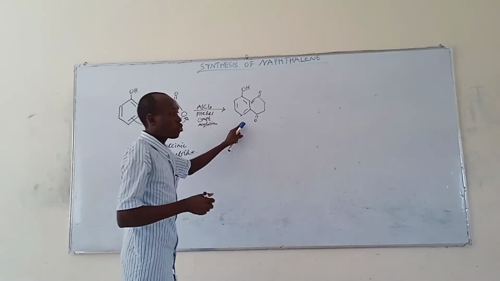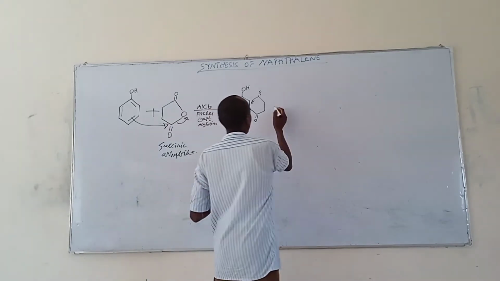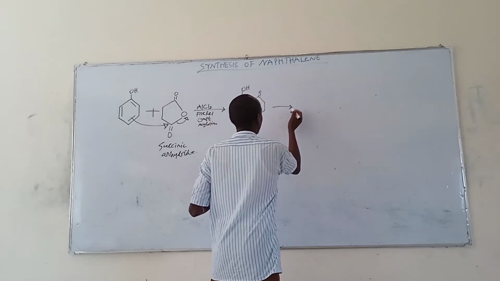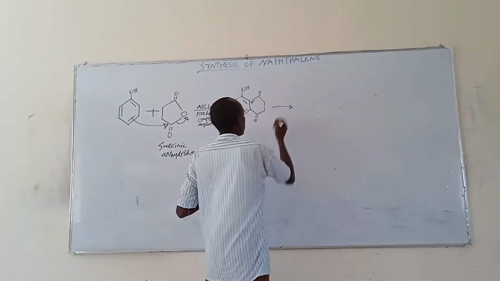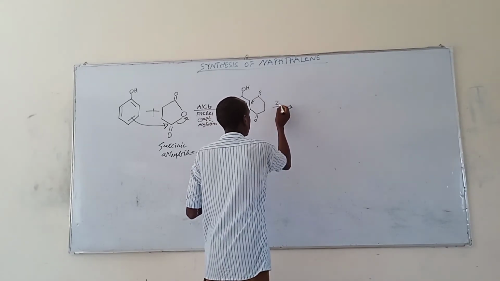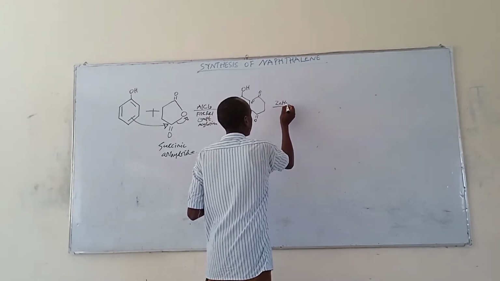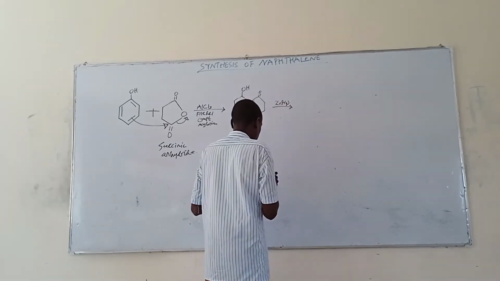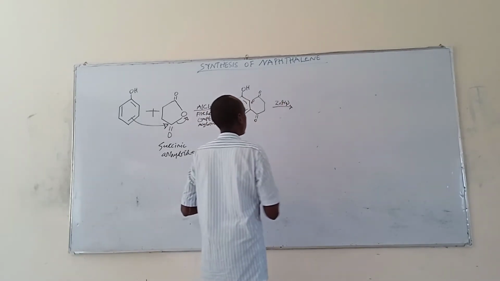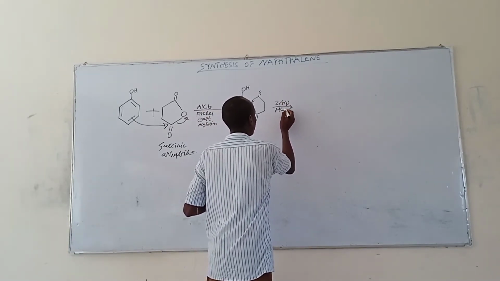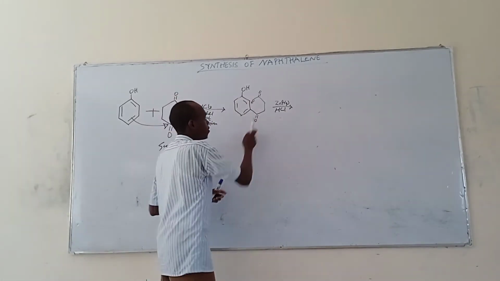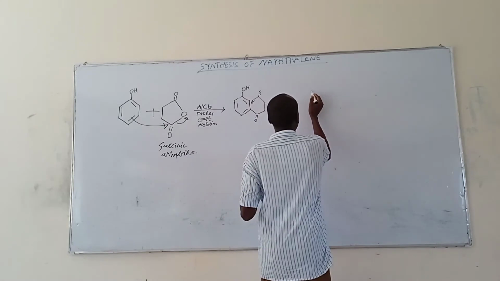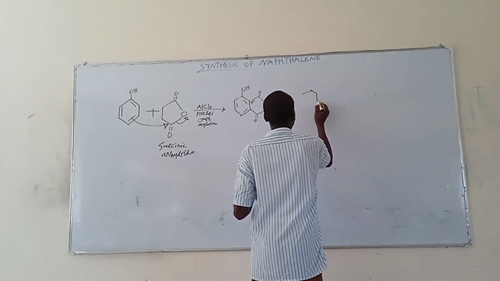After forming this compound, we are now going to carry out the reduction process, the Clemmensen reduction. Our reagent shall be zinc amalgam, or rather amalgamated zinc, in the presence of hydrochloric acid, so that it shall remove this oxygen here.